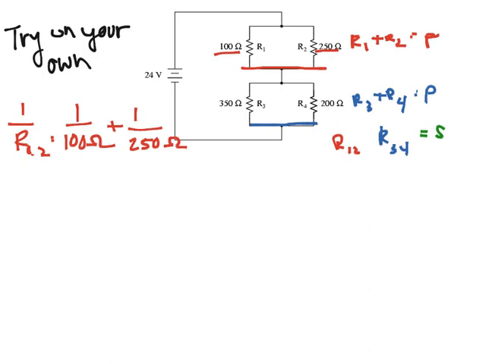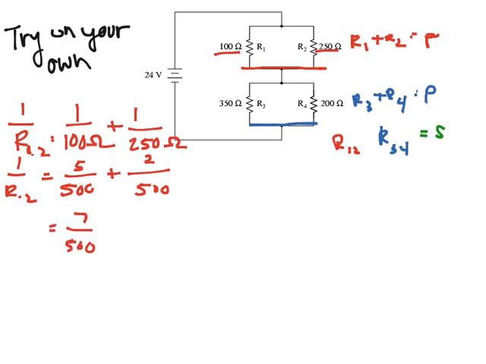Probably the easiest common denominator for these is 500. Make it nice and simple for yourself. So that would be 2 over 500, and this would be 5 times each one of these, so it would be 5 over 500. You add these up, you get 7 over 500 is equal to 1 over R1 and 2.